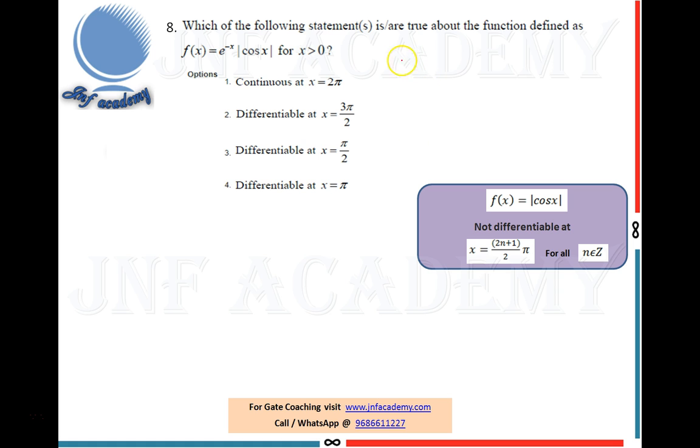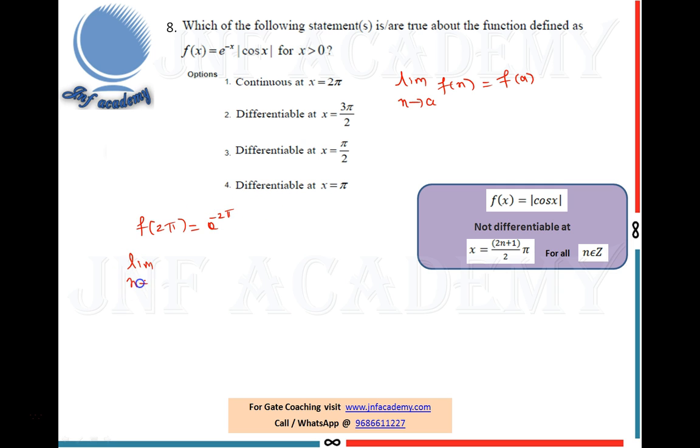The continuity definition says that if the limit as x tends to a of f of x equals f of a, then the function f is said to be continuous. First I check whether option A is correct or not. Here f of 2 pi equals e power minus 2 pi times modulus cos 2 pi, and this value is 1, so e power minus 2 pi.